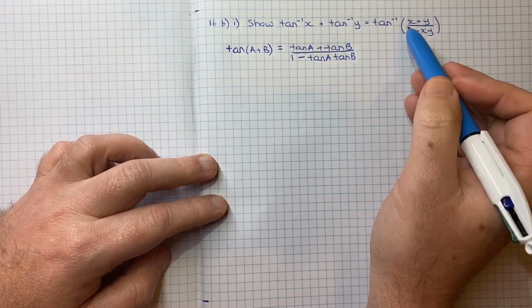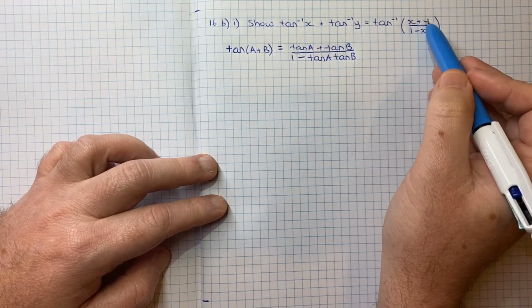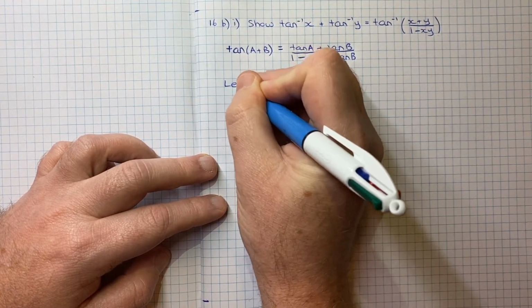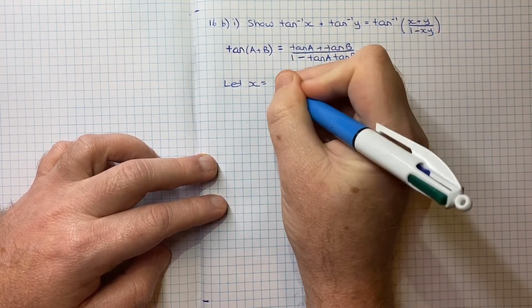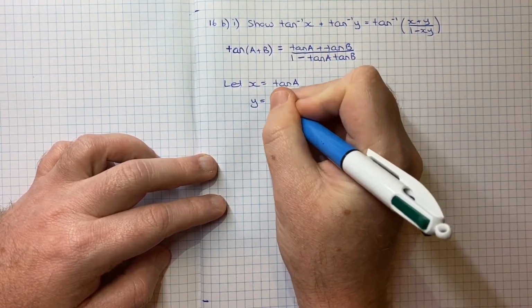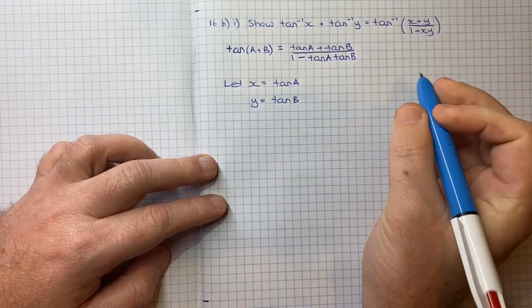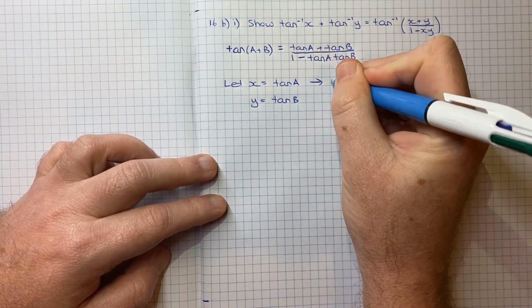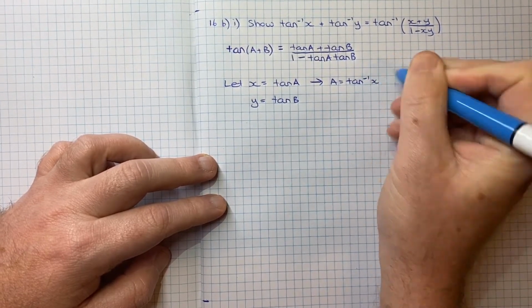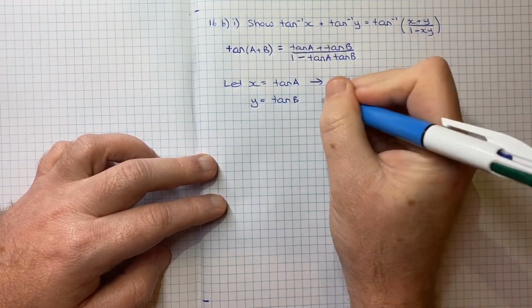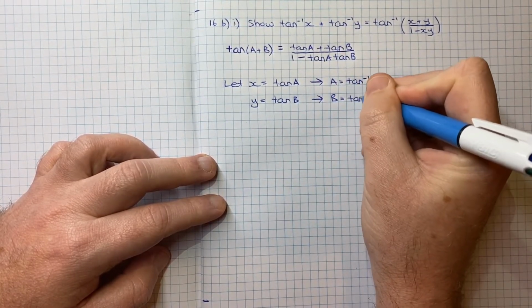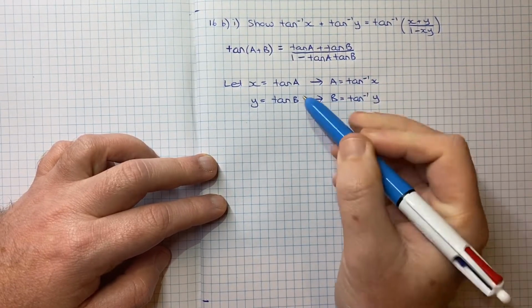Here the something plus something is x and y, so a natural place to start would be to let x equal tan A, and let y equal tan B. Naturally that would mean A is the inverse tan of x, just by taking the inverse tan of both sides, and similarly B equals the inverse tan of y. So that's the setup.